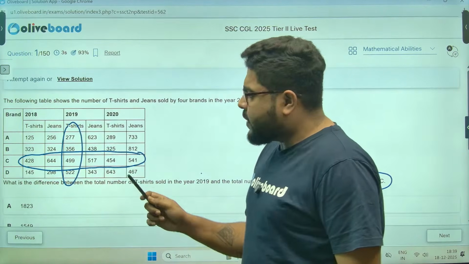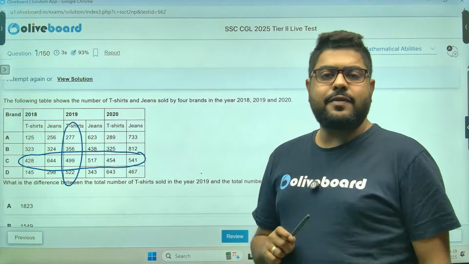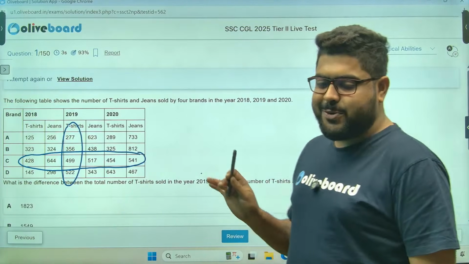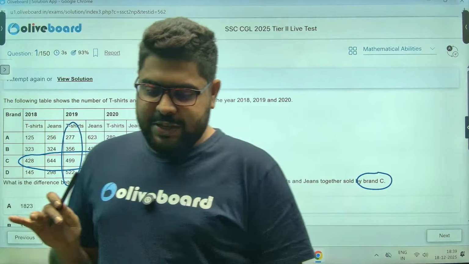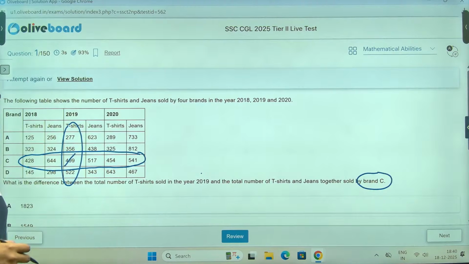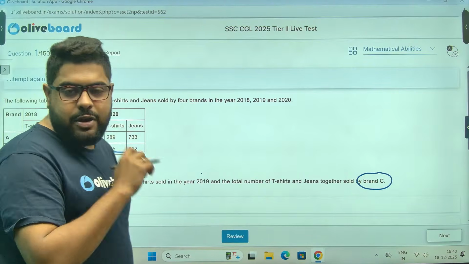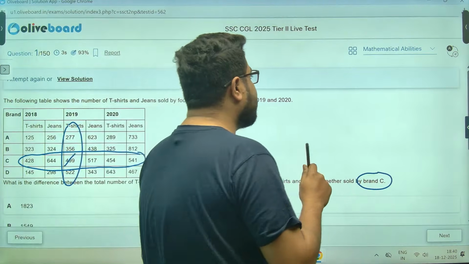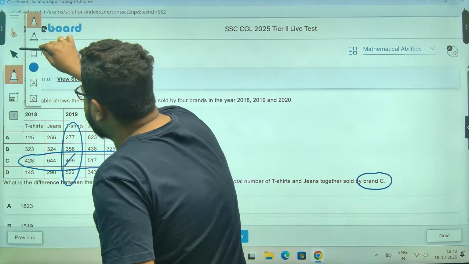You can either take the sum and then take the difference, but again, we will try to do the minimal calculation. First, you see this 499 cancels from both sides because it is the common part. What extra can we do?